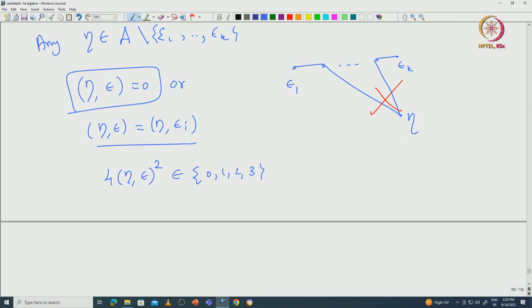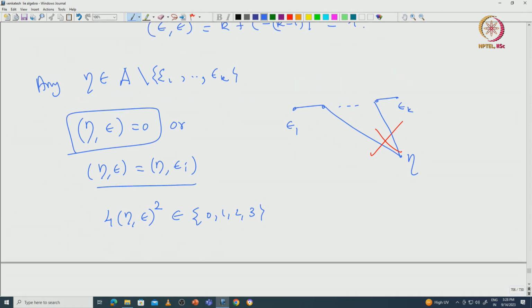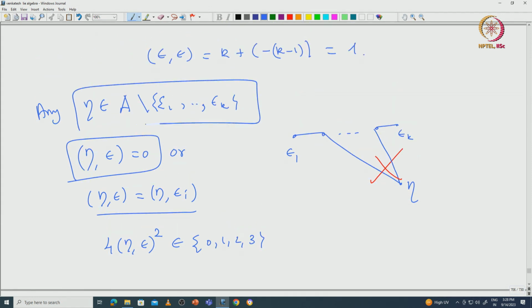So, that proves that A of epsilon that we constructed is an admissible set, and it is not hard to see, because if you take any eta from outside, that eta either has an edge to one of the epsilon i's or not.